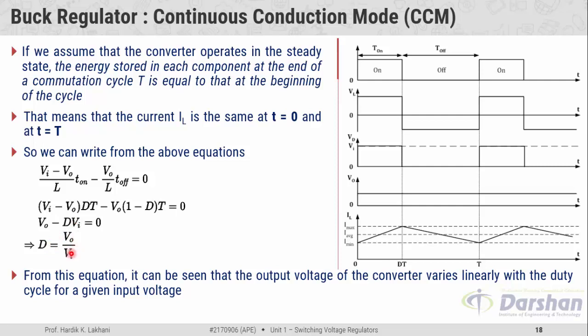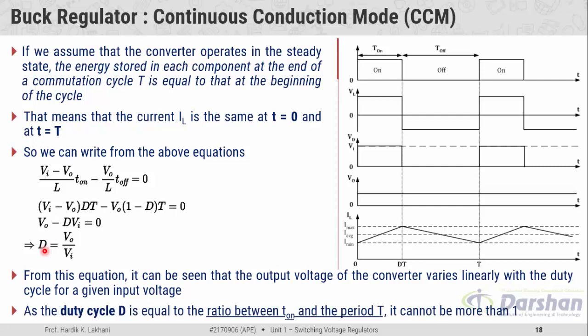We know that the input to the buck regulator is fixed, so we cannot change the input voltage, but to change the output voltage we have to adjust the magnitude of the duty cycle D. As the duty cycle D is the ratio between T on and the period T, it cannot be more than 1. So ultimately we can change the magnitude of the output voltage by adjusting this ratio, the on time of the switch divided by the total time given to the switch.